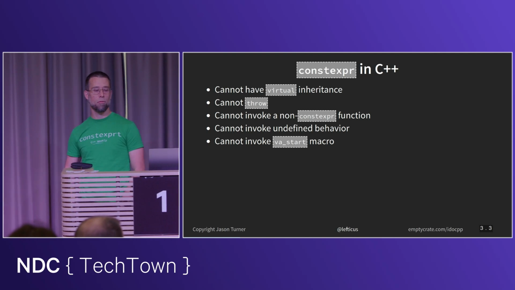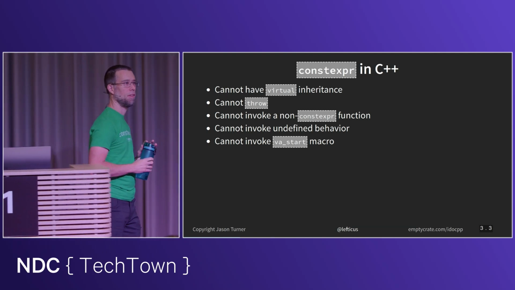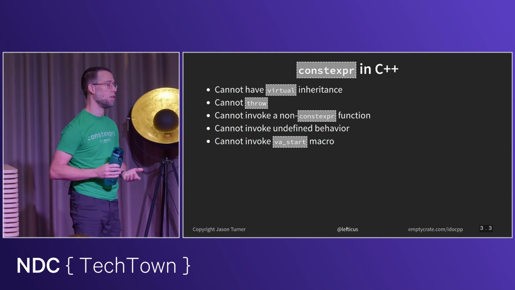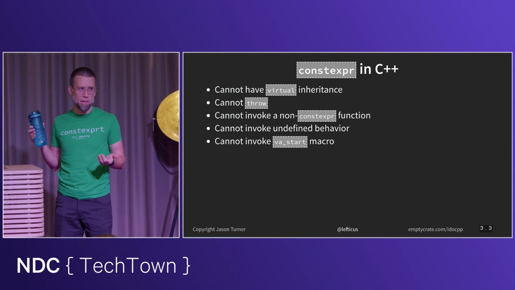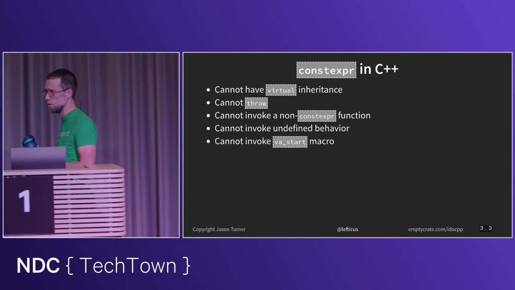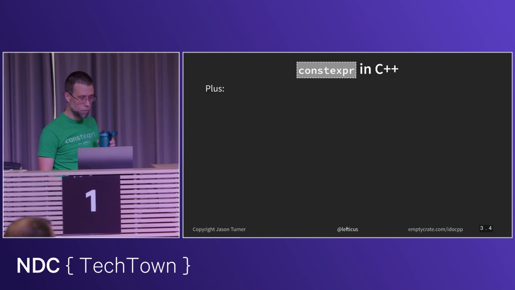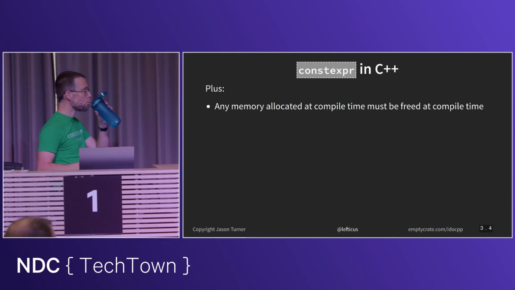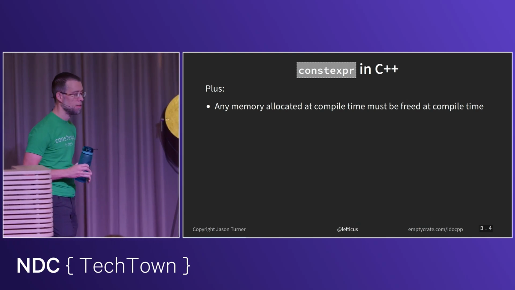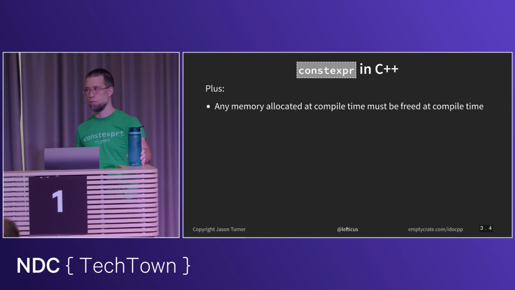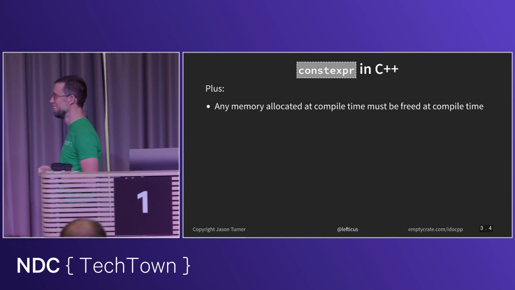You cannot invoke a va_start macro. I thought it was interesting. I thought Constexpr functions just couldn't be C variadic functions, but apparently maybe they can be. You're just not allowed to actually use any of the arguments to it. I don't know. Plus, any memory allocated at compile time during constant evaluation must be freed at compile time during constant evaluation. For now.